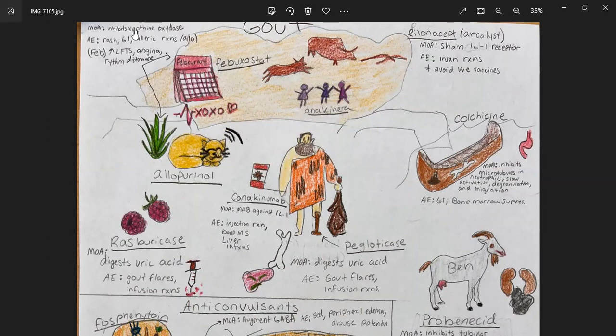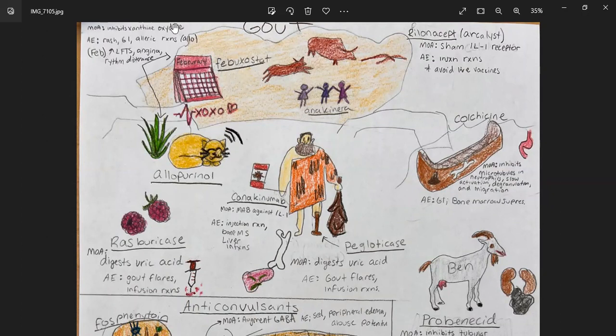So xanthine oxidase, that starts with an X and an O. Well, in the month of February, you have X's and O's. Adverse effects are rash, GI, allergic reactions, and increased LFTs, angina, and rhythm disturbance. And so I just realized allopurinol and febuxostat kind of go together.